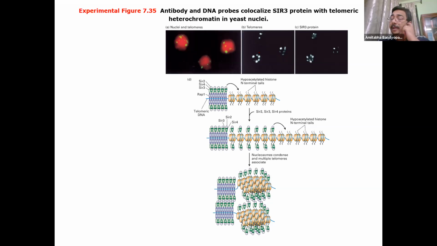But on the other hand, if you replace it with, say, glutamine, which is neutral charged, or some negatively charged amino acid, then what is noted is that the haploid cell behaves like a diploid. So it cannot undergo mating because it is now expressing both the A pheromone as well as alpha pheromone.